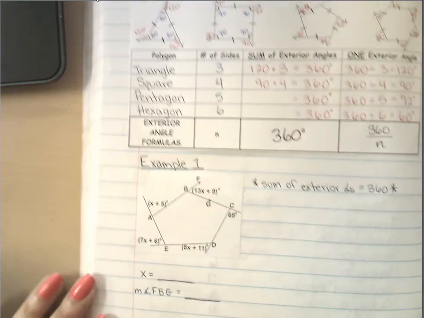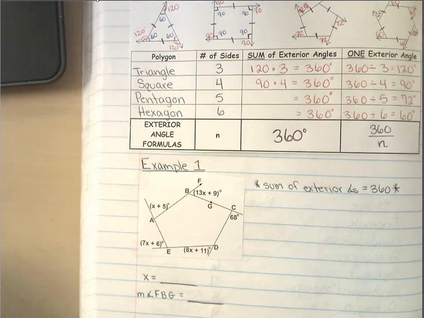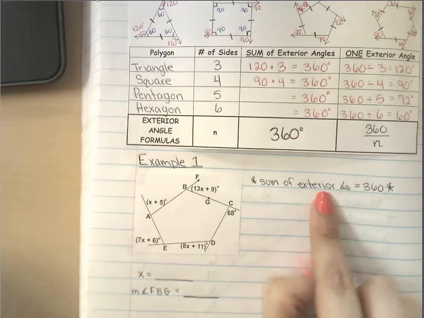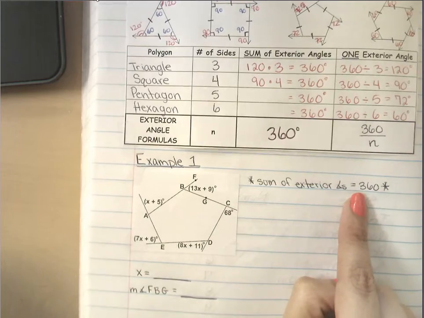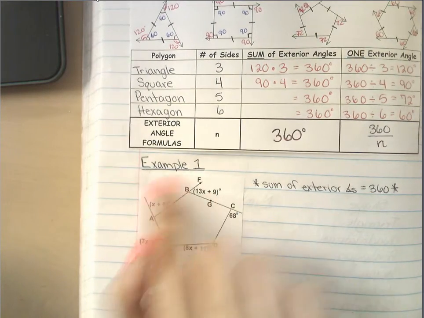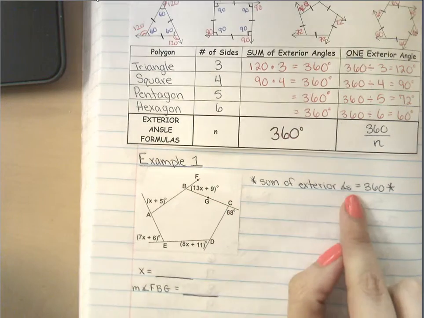So for example 1, I have a picture with exterior angles, and I need to use the fact that the sum of exterior angles is always equal to 360 to set up an equation. I'm going to add up all those angles and put it equal to 360.